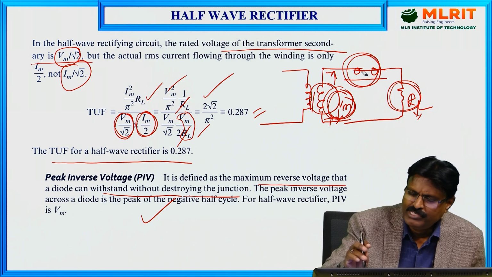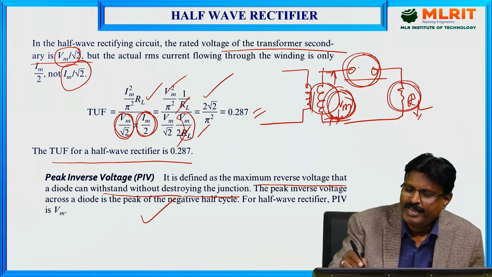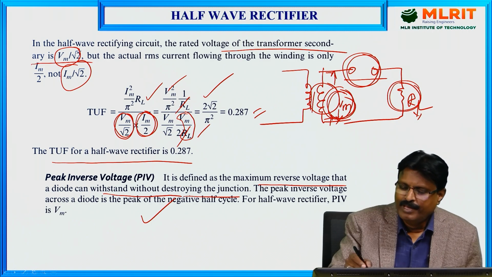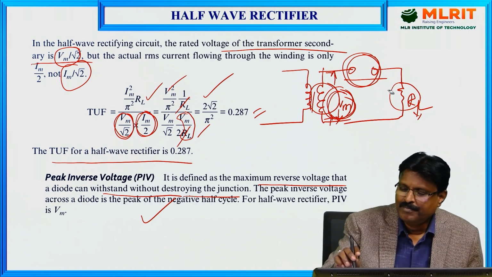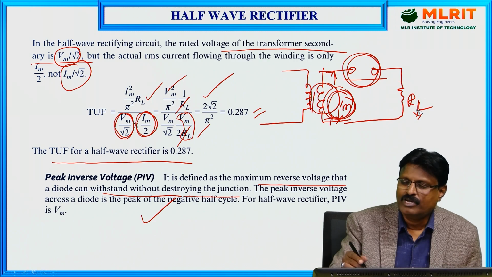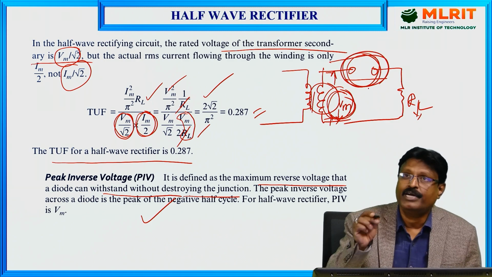Whenever the diode is reverse bias, it acts like an open circuit. I am providing Vm here. That Vm, why? Because current is not produced through that diode. So this Vm must appear across this reverse bias diode.